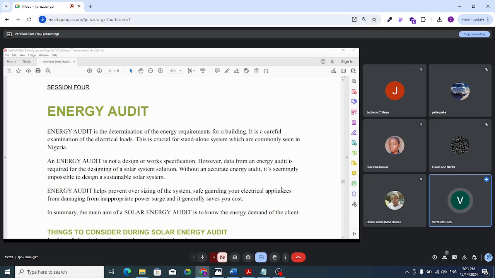Many installers, many electricians turned installers tend to do away with this, and in the long run cause issues for themselves, because most of them have gotten some facilities burnt. Some have done some unimaginable jobs. This is a very big issue. It is a very big challenge in this field of solar systems.